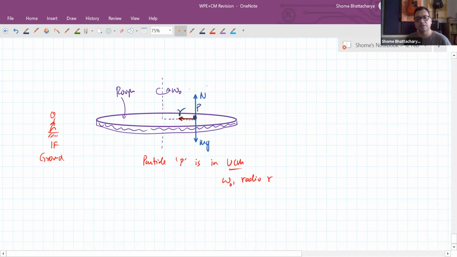So there will be static frictional force which prevents it from slipping. So the frictional force will be the centripetal force.